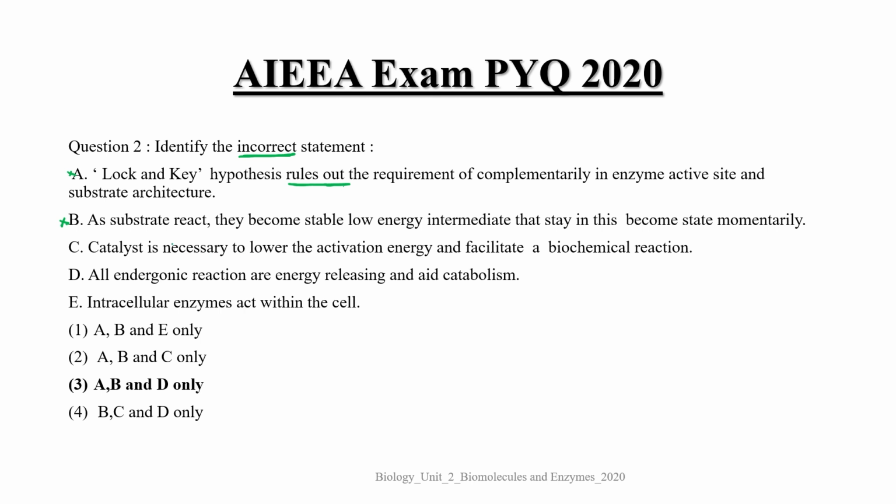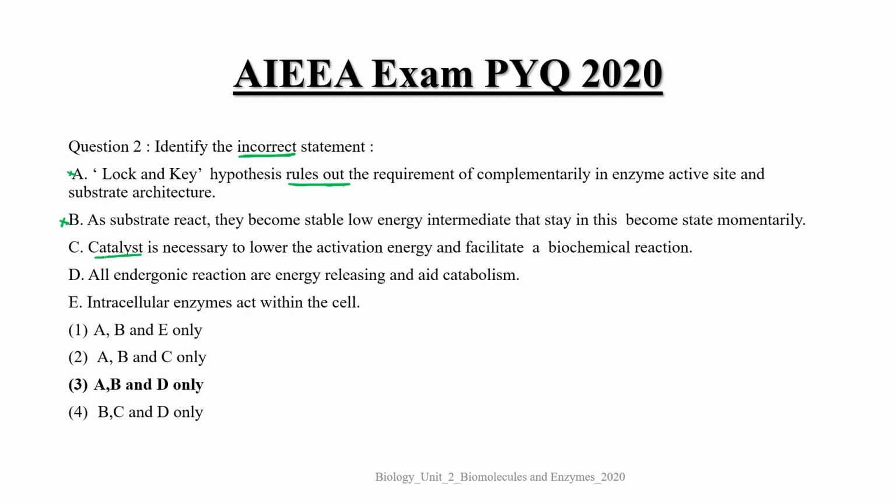C: catalyst is necessary to lower the activation energy. Yes, this one is correct. This is a correct statement that we have already discussed just now. Enzymes act as a biocatalyst.